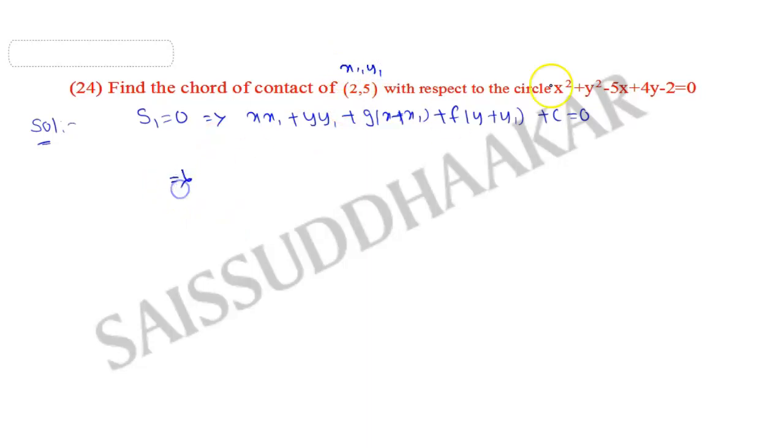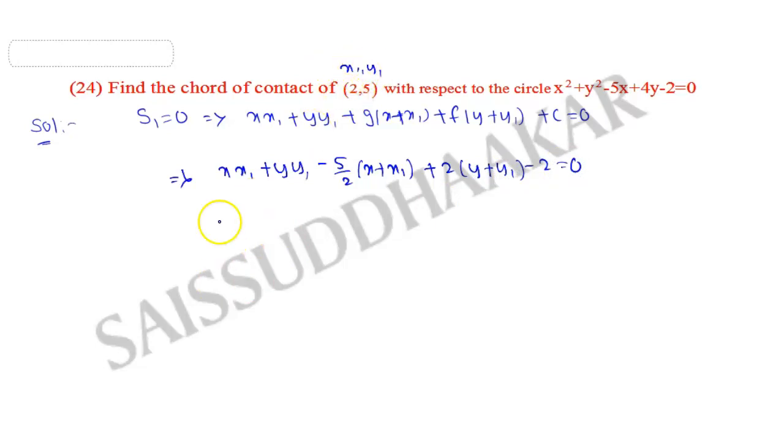Replace here and take that circle equation: x x1 plus y y1, and g exactly means we need to take half, that is minus 5 by 2 times (x plus x1). Next plus half of 2, times (y plus y1), minus 2 equals 0.